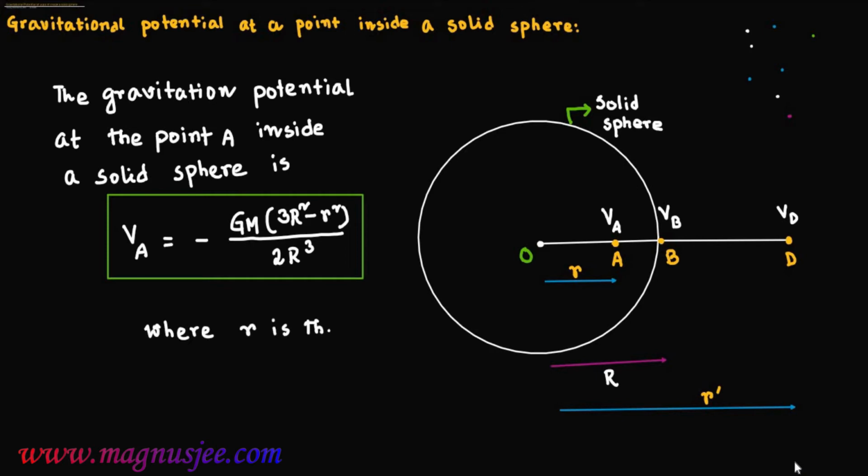This is the gravitational potential at the point A inside the solid sphere, where small r is the distance of the point A.